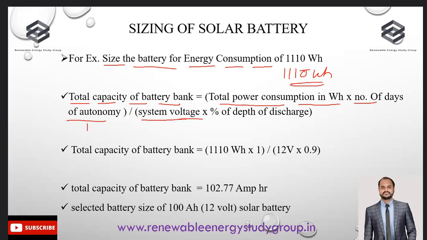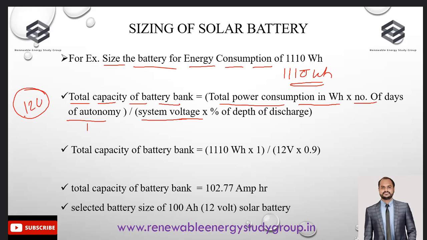System voltage is nothing but the rated voltage that we are getting from the panel. Rather, we can also say it is the rated voltage of the solar charge controller, or the battery bank voltage that we are giving to the charge controller. This will remain the same. So if we take a 12 volt charge controller, then we must give a battery voltage of about 12 volt.